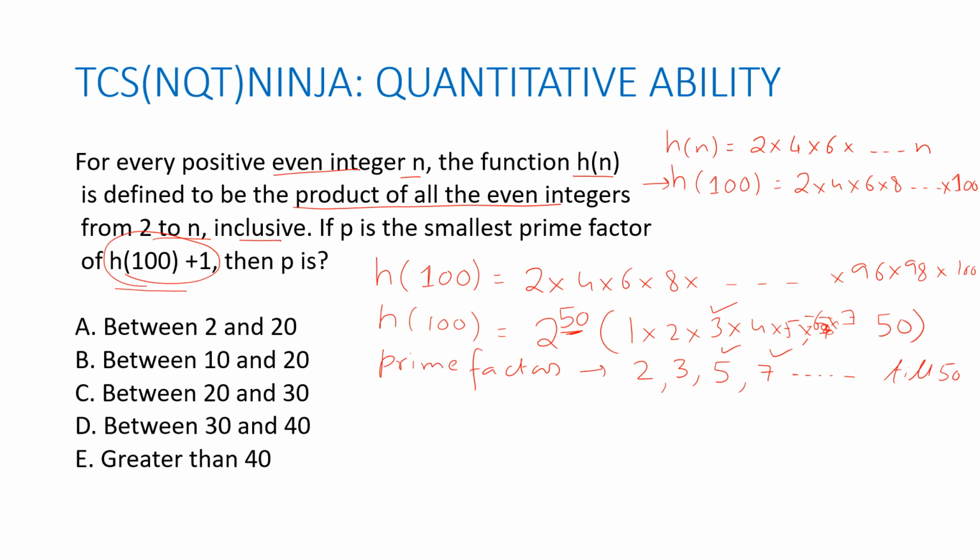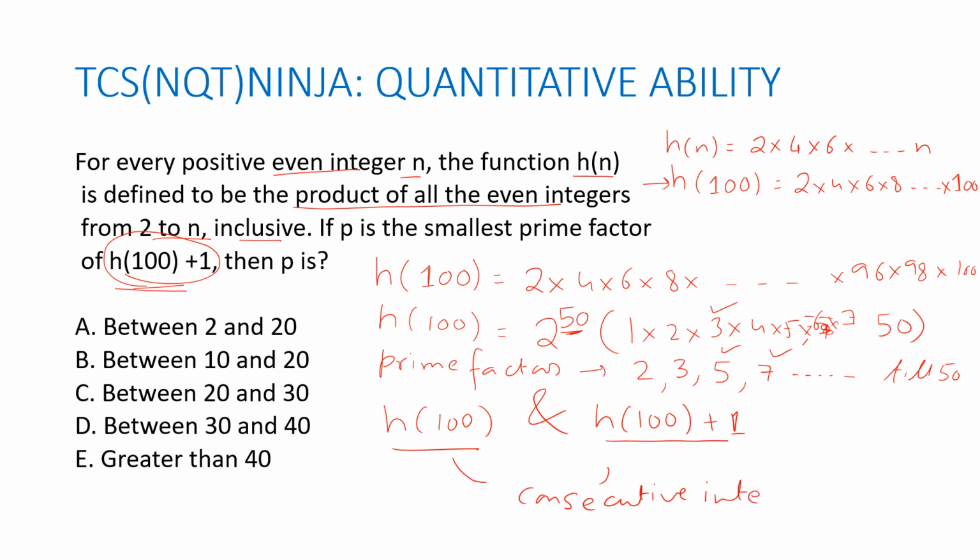Now let's think about H100 plus 1. How are H100 and H100 plus 1 related? We don't know much, but certainly we can say this is a large number, and this is a large number which is 1 more than it. Are they not consecutive numbers? Yes, they happen to be consecutive integers. And what do we know about consecutive integers?